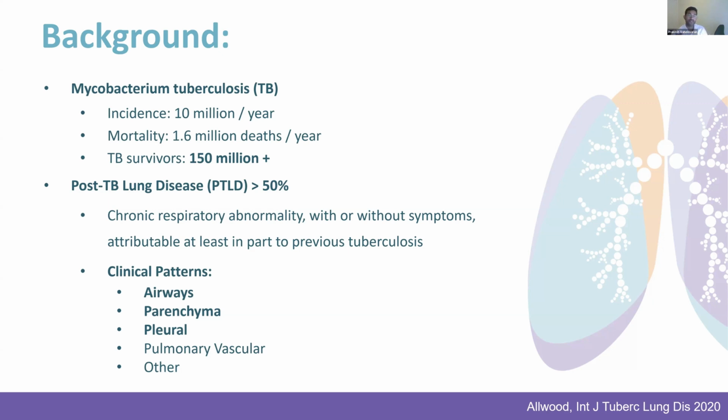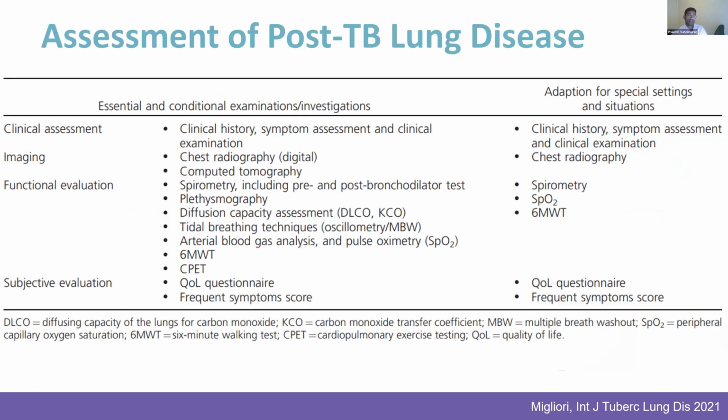Since then, there have been 2 further symposiums and much progress in this important field. The current clinical standards recommend that all survivors of TB are assessed for post-TB lung disease with a history, clinical exam, imaging, and functional testing, which includes respiratory function testing with or without oscillometry. However, there are actually very few studies to date that explore the role of oscillometry following TB treatment despite this recommendation.